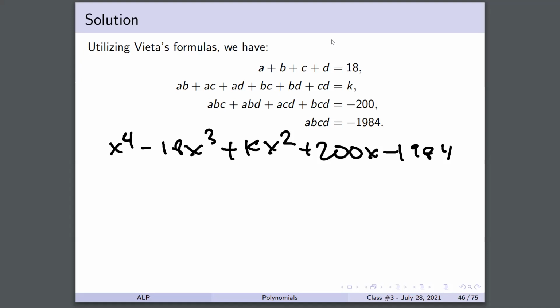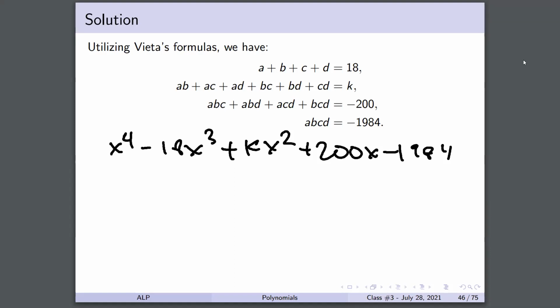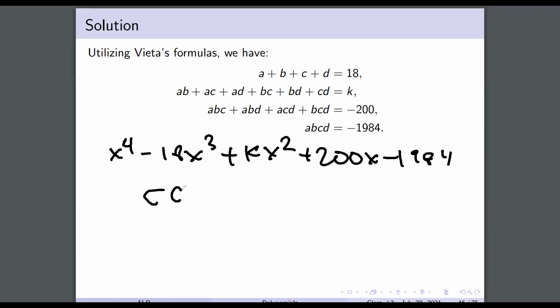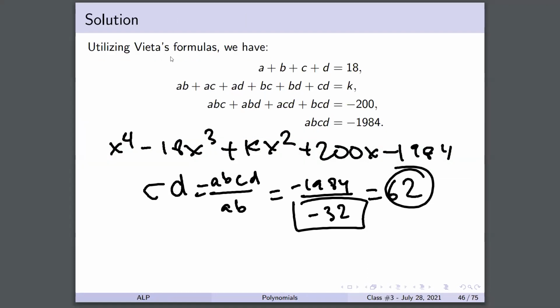Just follow along with what I'm doing. Basically, we know this because we're given that the product of two roots is -32.